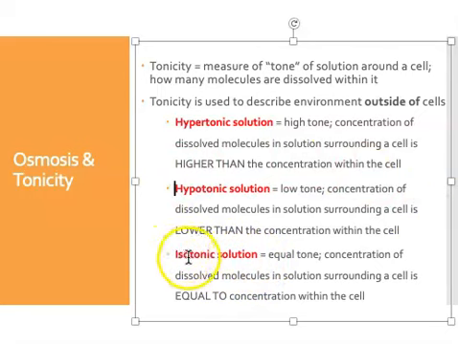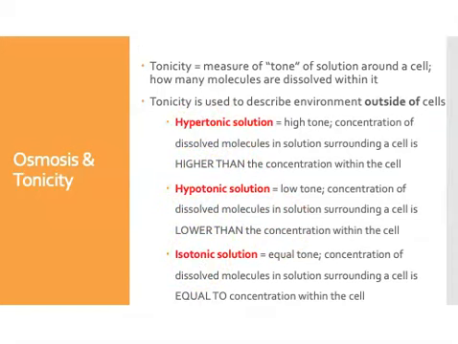Iso means equal, so equal tone solution. The concentration of dissolved molecules in an isotonic solution is the same as or equal to the concentration of dissolved molecules inside the cell. These are the three states of tonicity that we need to be familiar with.